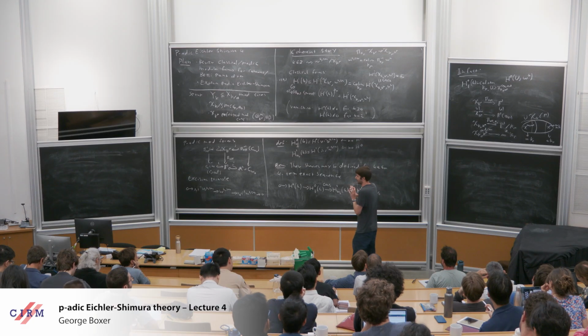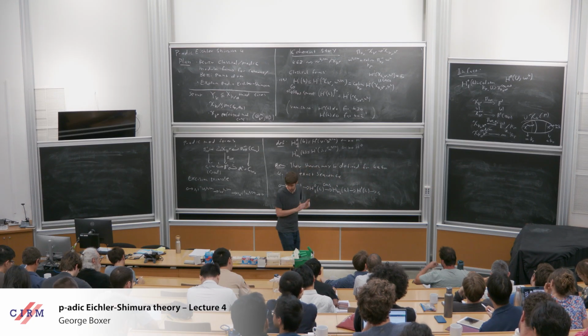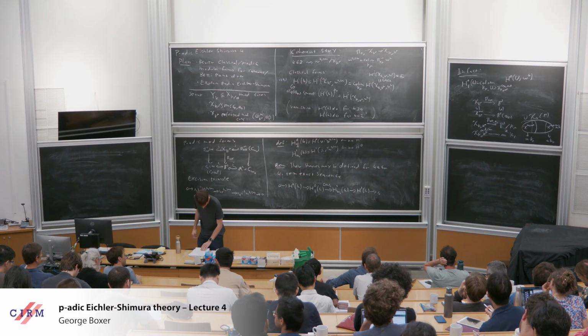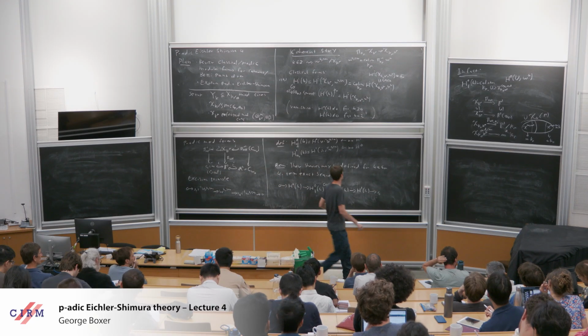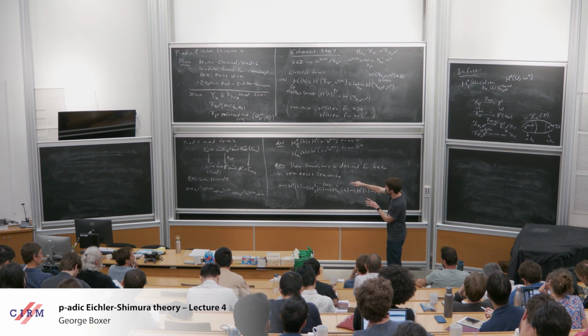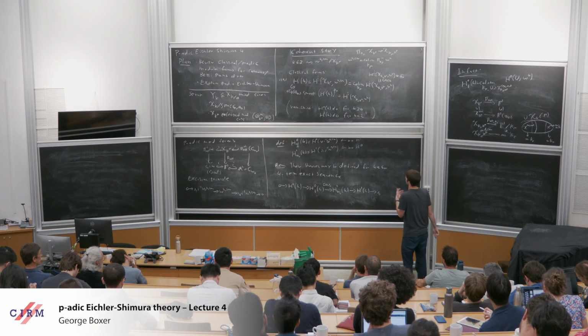So that's what I want to say about coherent cohomology, I think. Actually, well, maybe I should say one more thing. So we had this smooth representation of GL_2(Q_p).